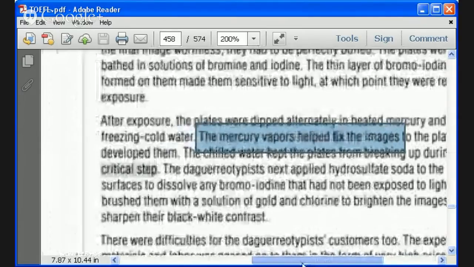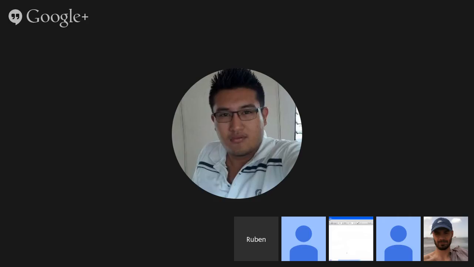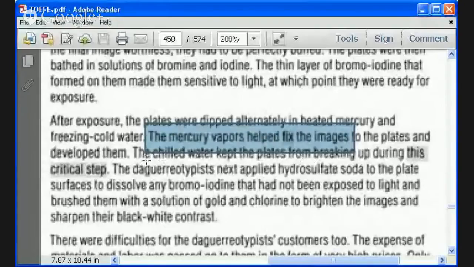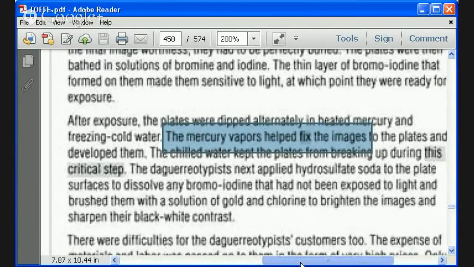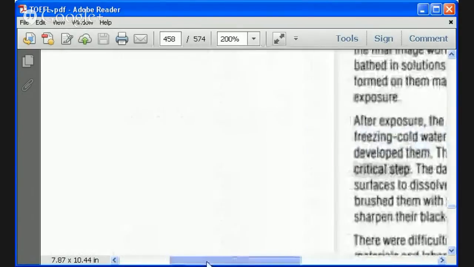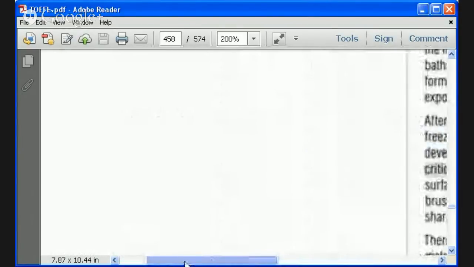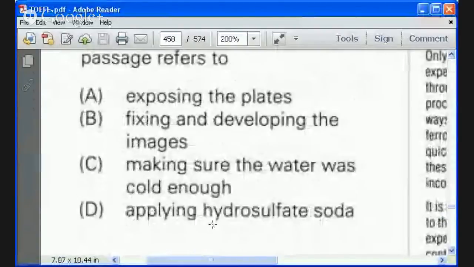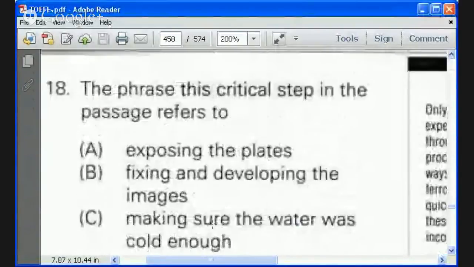It says, heated mercury and freezing cold water. The mercury vapors help. The children during this critical step, they're doing something with mercury vapors.